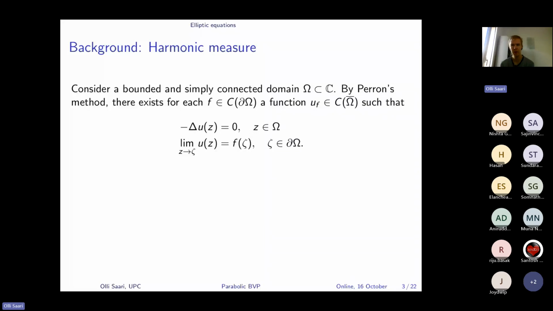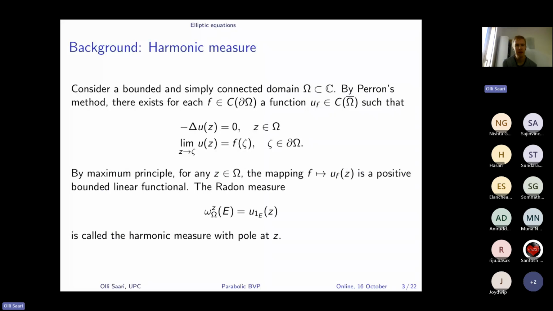So there is, for instance, the Perron's method that allows us to construct for any continuous function on the boundary a function UF which is continuous up to the boundary and also defined inside the domain, so that this function UF is harmonic and it attains the boundary values in terms of limits. And of course, now we can solve the problem for continuous boundary data.